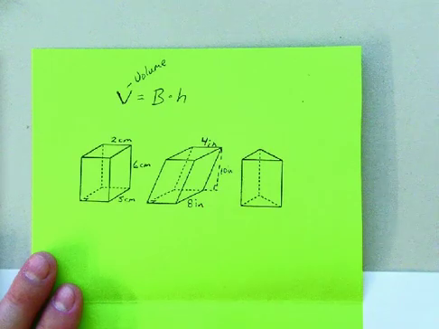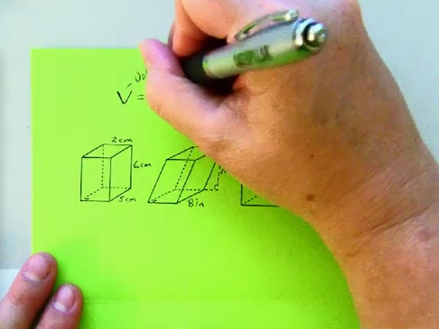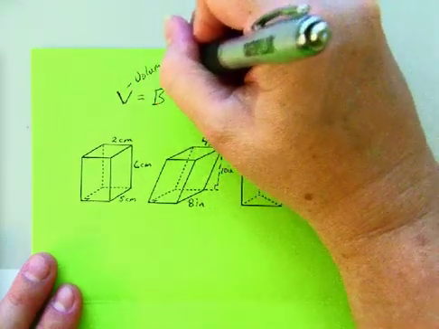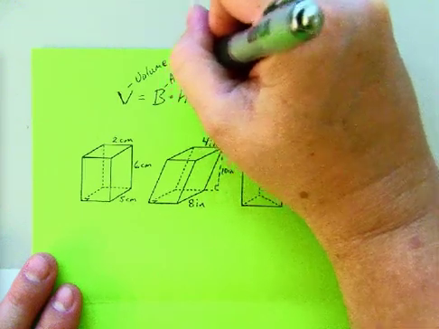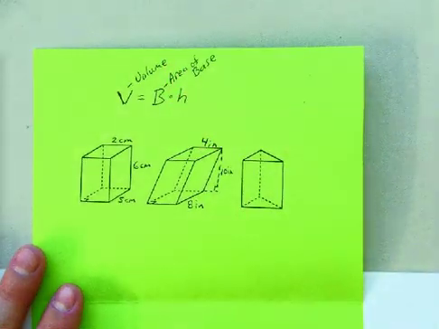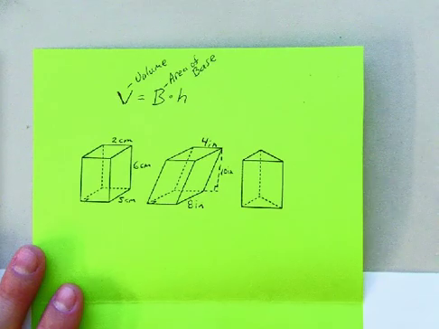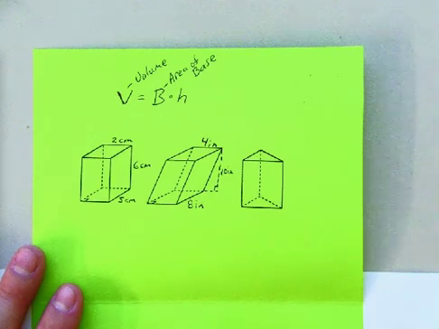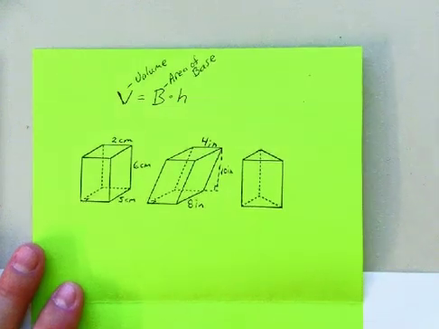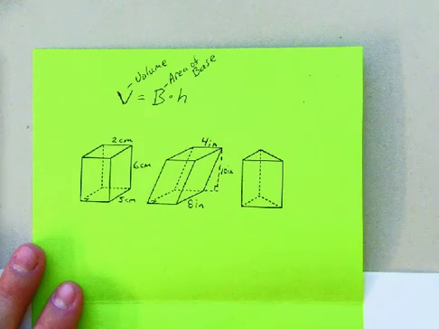Capital B represents area of base. Because now since we're working with three-dimensional solids, our base isn't a length anymore. Now it's actually a two-dimensional shape that we're working with. And then finally, we have the little h, which still represents our height as it has in the past.